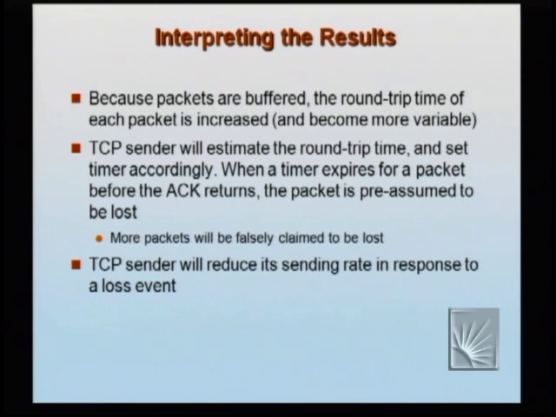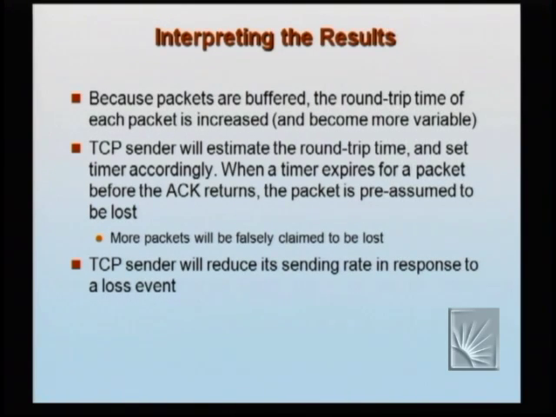Because packets are buffered, the round trip time of each packet is increased. And perhaps this round trip time also becomes highly variable. Some packets will be delayed for a longer period of time, but if there's a coding opportunity, the packet will immediately go out. So the variation can also be very high.